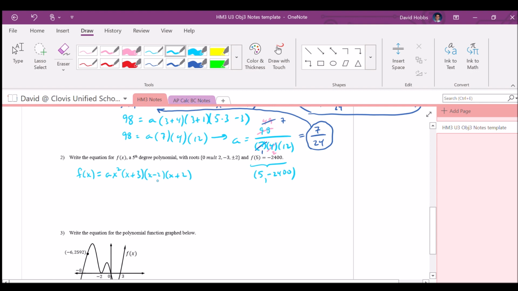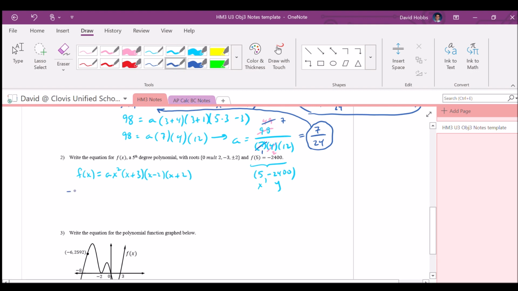Now, x minus 2 and x plus 2, hopefully you recognize that that is x squared minus 4. And yes, you could, instead of doing x minus 2 and x plus 2, you could do x squared minus 4 as well. So let's take advantage of the x and the y that must work in the equation. And so we'll go ahead and do that.